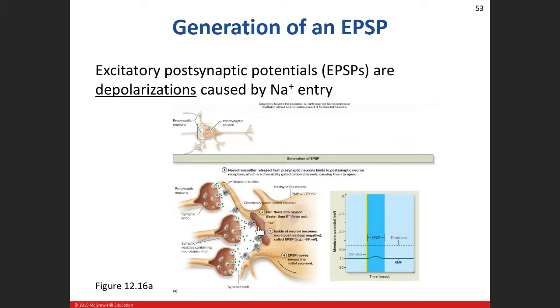Regardless, if positive sodium ions are moving into the cell and very little potassium is leaving the cell, you're still going to get more sodium moving in. What are we doing to the inside of the cell charge-wise? Sodium's positive, so we're making it more positive. In this example, as sodium moves into the neuron, we go from that -70 to a -68. Not a lot, but still, that's good. We're getting there.